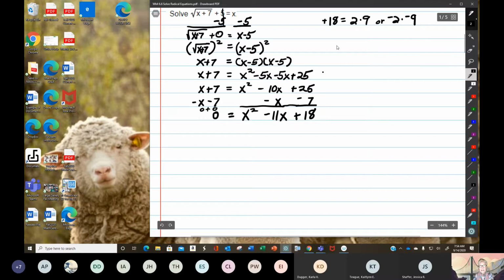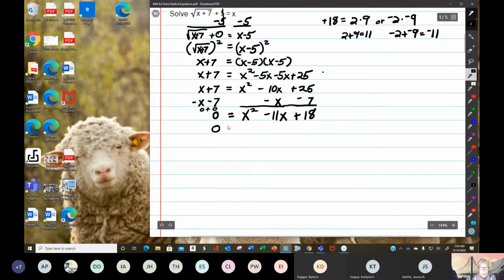And I'm not going to go any further because 2 plus 9 is positive 11, and negative 2 plus negative 9 is negative 11. And so negative 2 and negative 9 are the numbers I want.